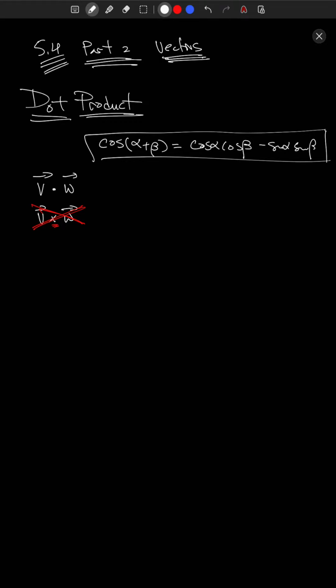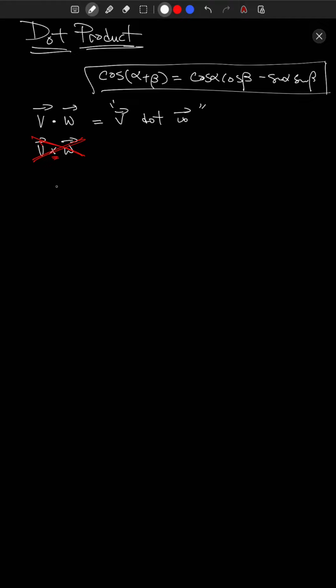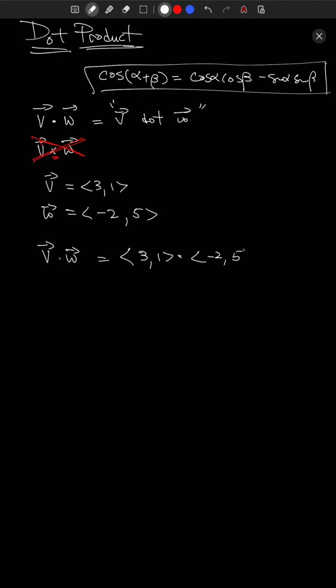So how do we actually do this thing? Luckily for us, the algebraic aspect of the dot product is really, really simple. So let's say v is equal to (3, 1) and w is equal to (-2, 5). Then v dot w, the way you do it, so let me write (3, 1) dot (-2, 5), is you multiply the like terms.